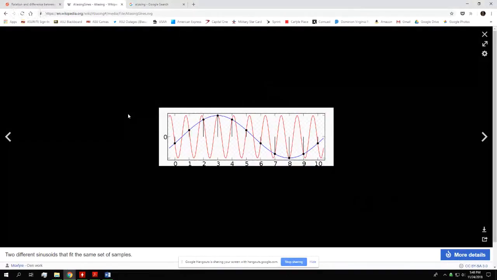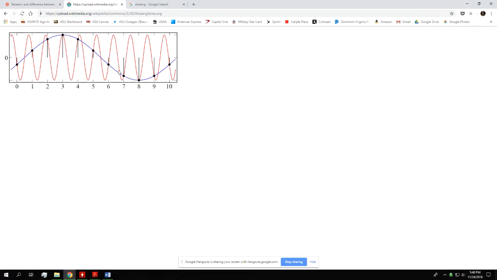Aliasing is when you could have a signal, and if you're not sampling it properly, if you're not taking enough samples and you're not meeting the Nyquist rate, you could say that your discrete sampled output, or what the computer is seeing, because computers are discrete time machines, there's an infinite number of signals that could line up to those exact sampled points. So in this image that I have here, my samples are these black lines. Let me zoom in actually. Actually, I guess I can't zoom in.